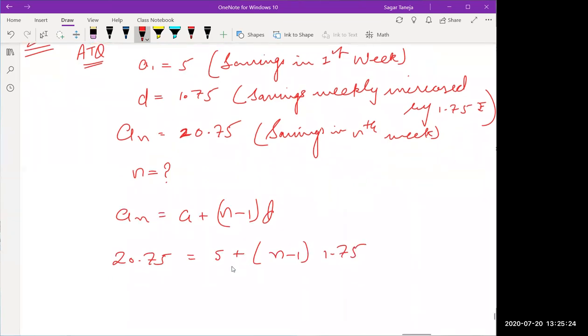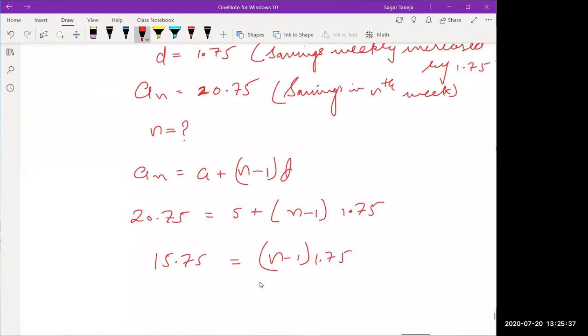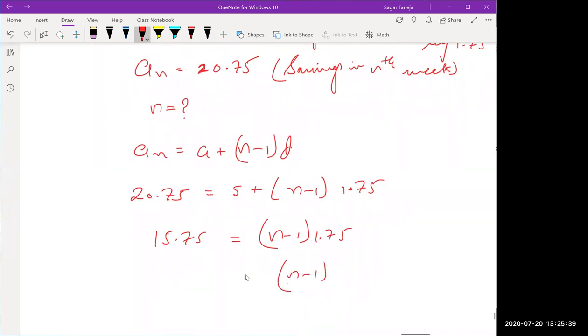Subtract 5 from this side, it will become 15.75. 5 bring this side, will get subtracted, and divided by 1.75, n minus 1 is equal to 15.75 upon 1.75, and cancels out, and I guess 9 will come now. 175 multiplied by 9, 1575 only.